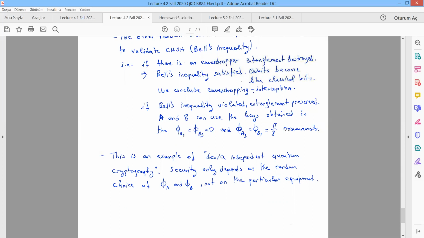So they constitute an important class of quantum key distribution protocols, which is device independent.